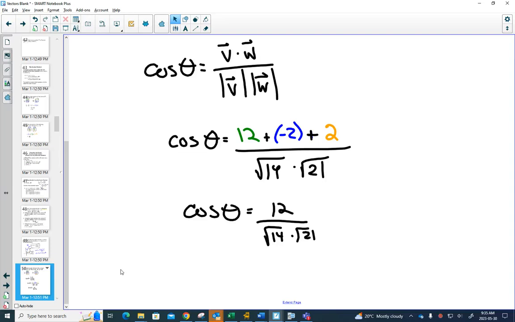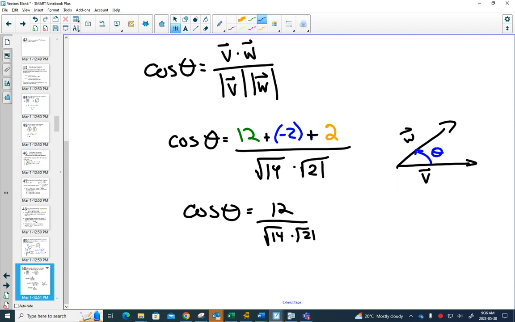But we're solving an actual question of an angle between two vectors. When you're measuring an angle between two vectors, okay, this one is V, and this one is W, we are thinking of the angle between these two vectors as this theta here.